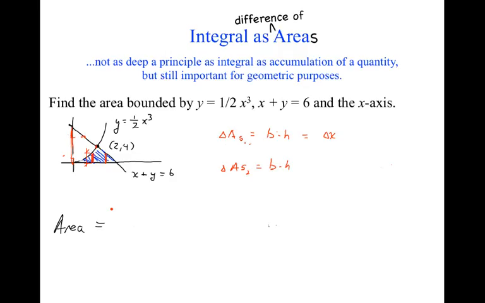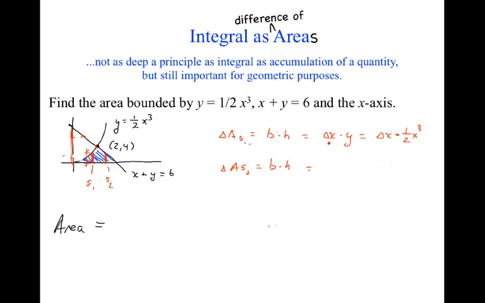The height of that first strip on the left. This is the question you've got to train yourself to ask. That's just a y coordinate. So I can write delta x times y. Which y coordinate is it? For the curve, so it's going to be 1/2 x cubed. This is strip 1.